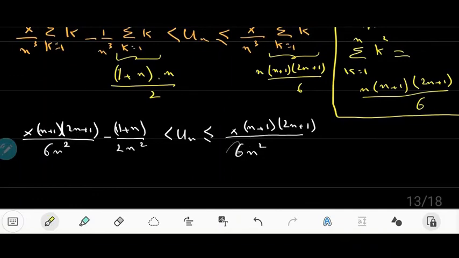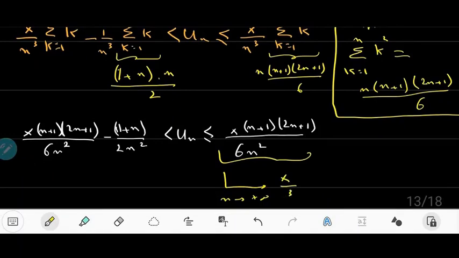So now, when n tends to plus infinity, we have a polynomial with a degree of n squared in the numerator and a degree of n squared in the denominator. So the limit would be x times 2 over 6, which gives x over 3.